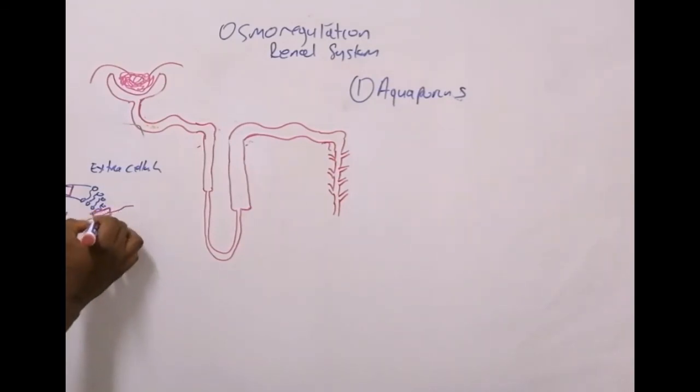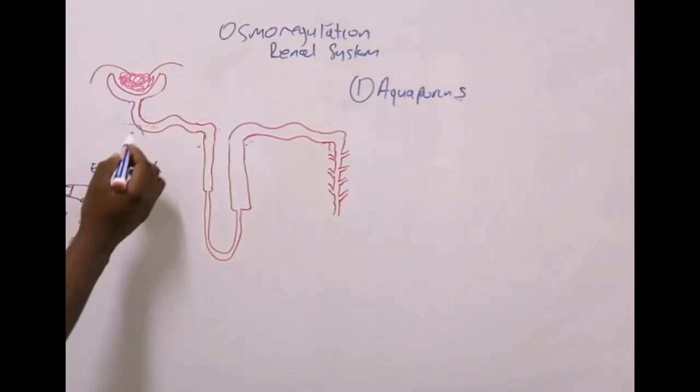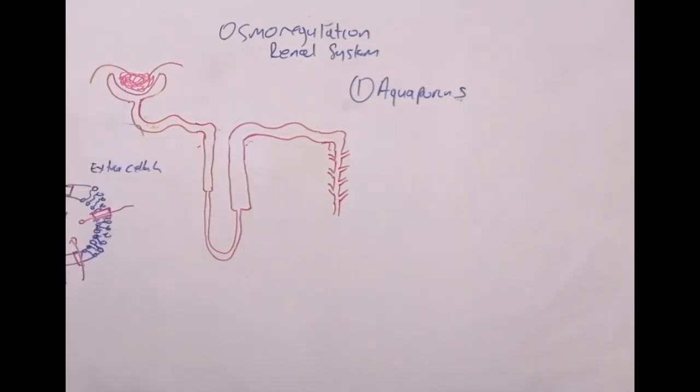So this is our aquaporin. It is a water channel. Aquaporins make sure that water can move from the filtrate back into the circulation, that water can be reabsorbed.